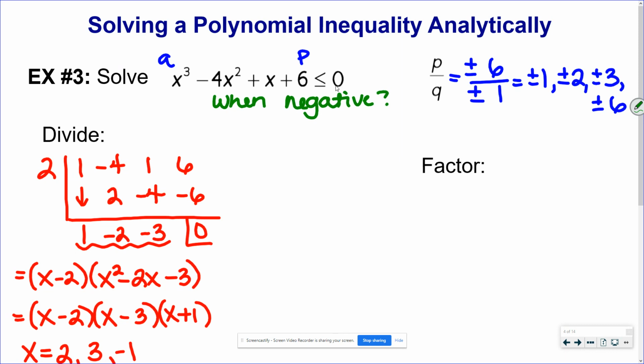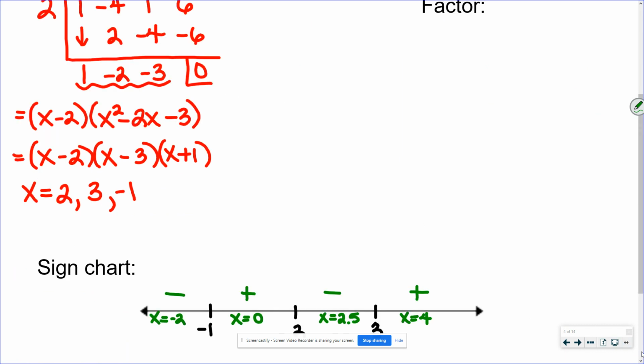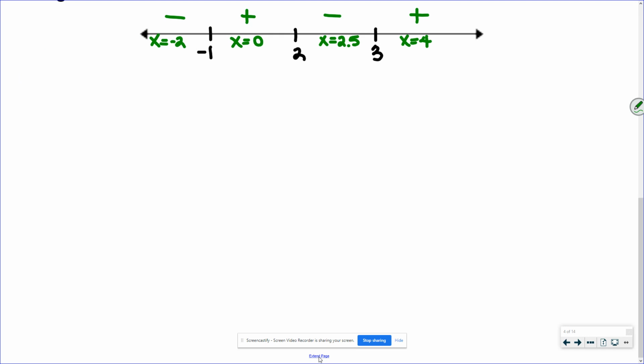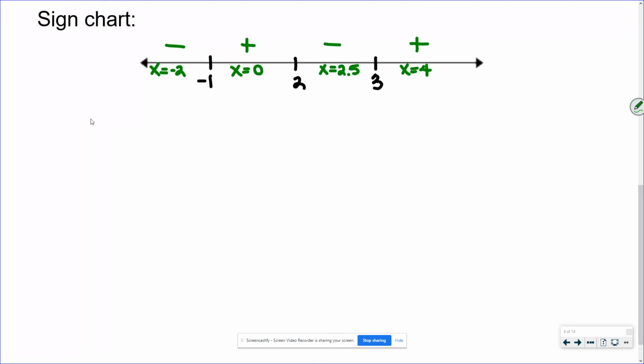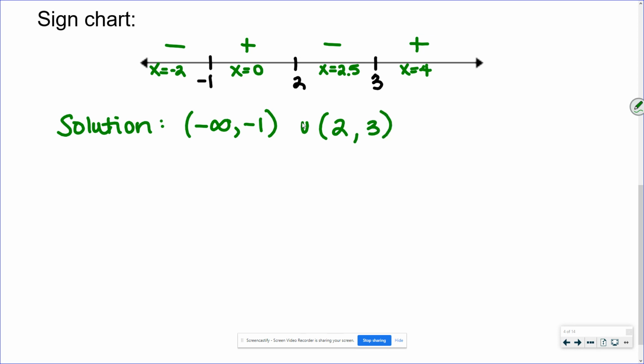Because less than or equal to 0 means negative numbers. So if you look at your sign chart, when is this function negative? Let's see. From -infinity to -1, and again from 2 to 3.